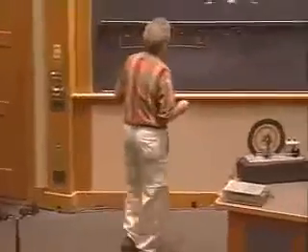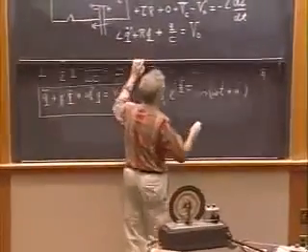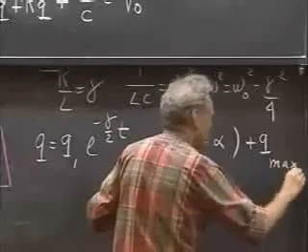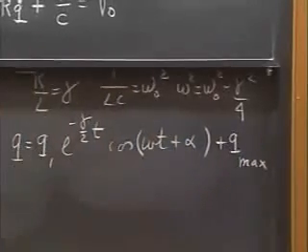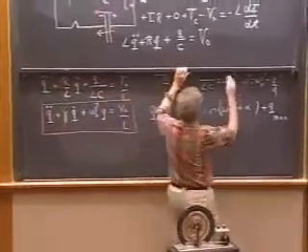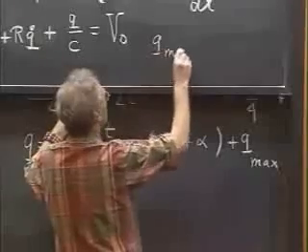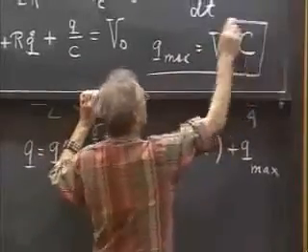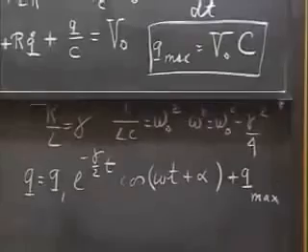And so clearly, if you add here this charge on that capacitor, then you must be okay. That must take into account that it is not zero. And this Q max is simply V0 times C, which means the capacitor is fully charged.